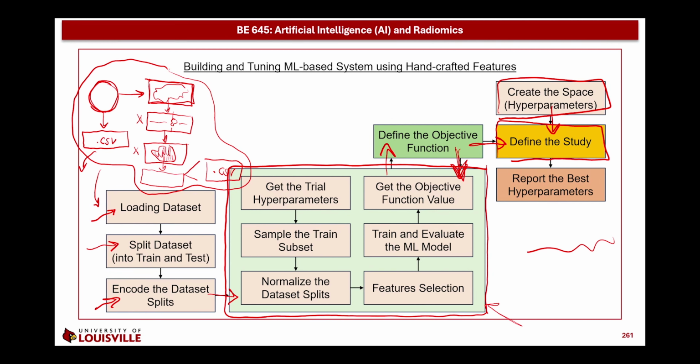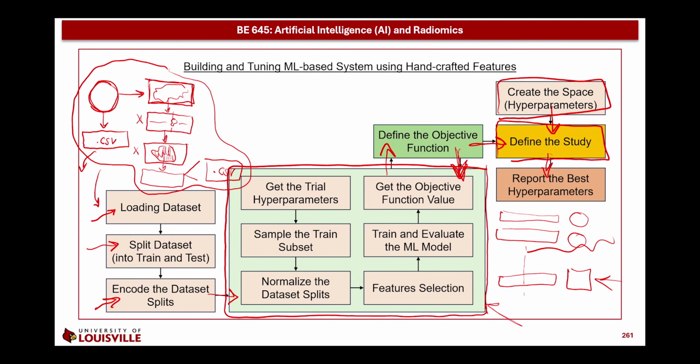So, for example, it will say, for these combinations, I got that performance. For this combination, I got this performance, and so on. Finally, after its completion, it will report that these hyperparameters got the best performance, so you can use them. So the study will report the best hyperparameters, which will get the best performance.